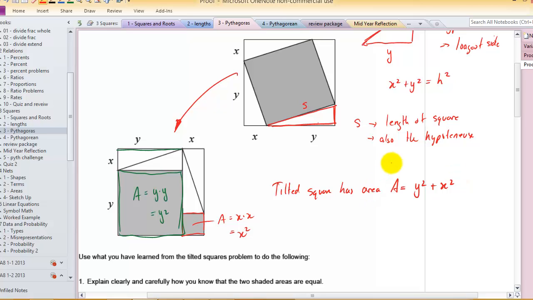We also know, because of properties of squares, that the area of the square is s squared. So s squared is equal to x squared plus y squared, and this s is the same as that hypotenuse, and that's the Pythagorean theorem.